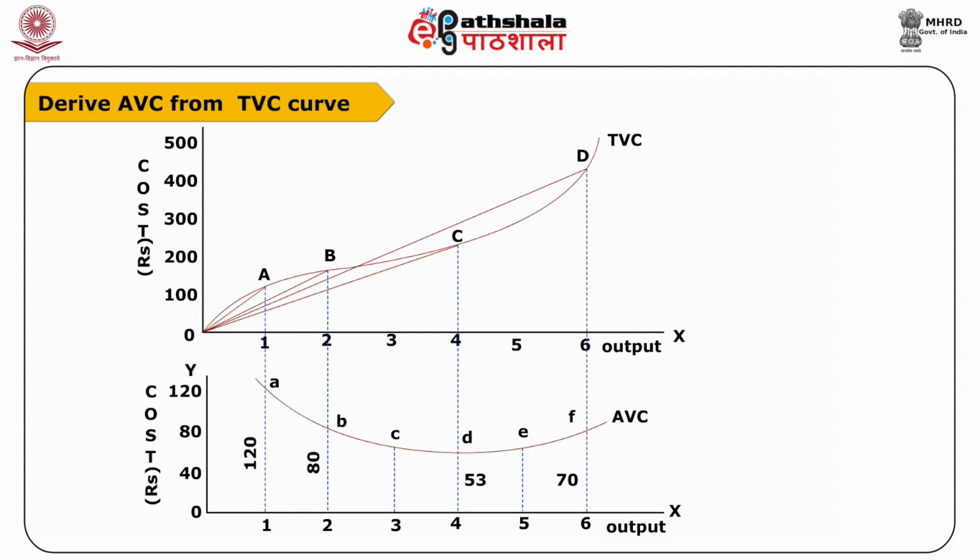The AVC curve is downward sloping till point C and then slopes upward. The slope of the ray OC from the origin to the TVC curve is the lowest at point C on the TVC curve, which implies that AVC at the output level of 4 units is the lowest at C.